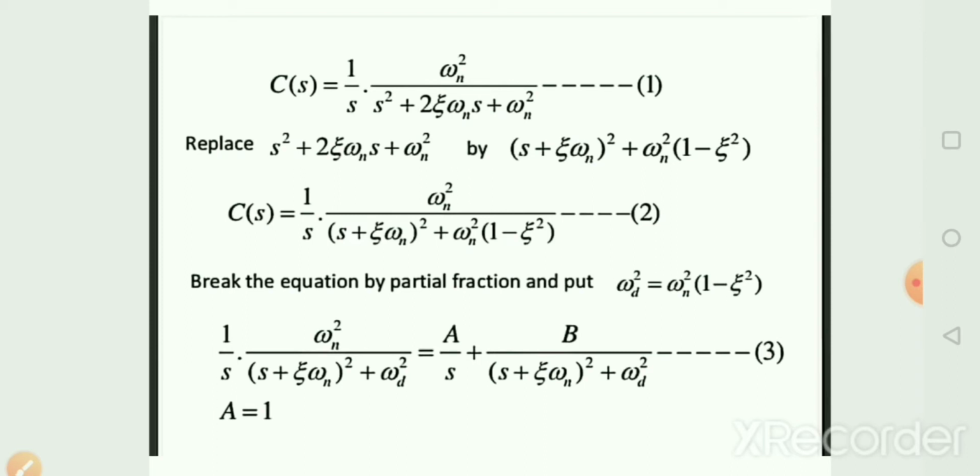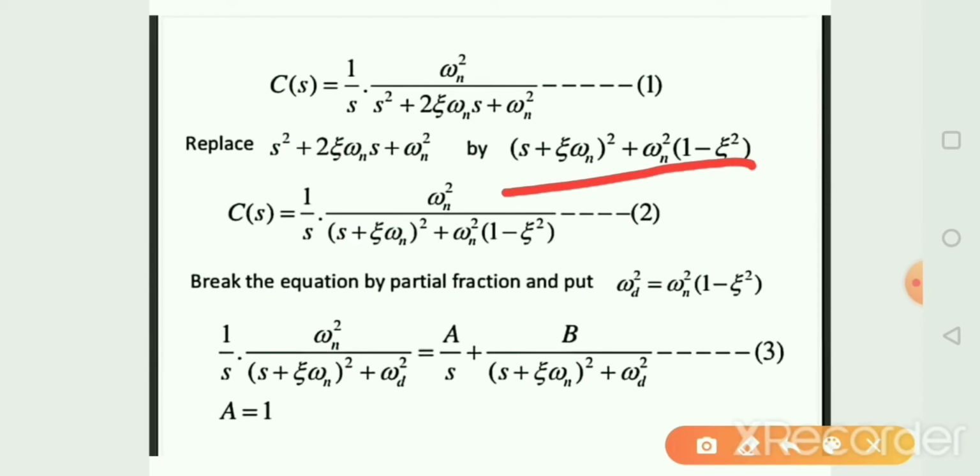Now we replace s square plus 2 zeta omega n s plus omega n square by (s plus zeta omega n) square plus omega n square into (1 minus zeta square).